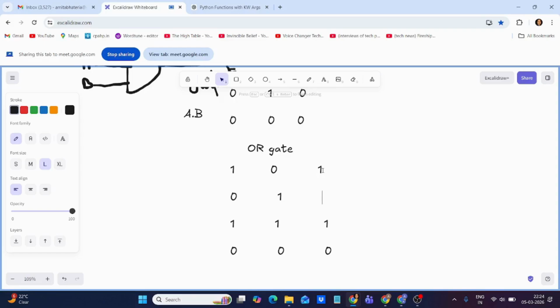It will be 1, right? And if first is 1, second is also 1, the output will be 1, right? And the formula to calculate the OR gate is A plus B, right?